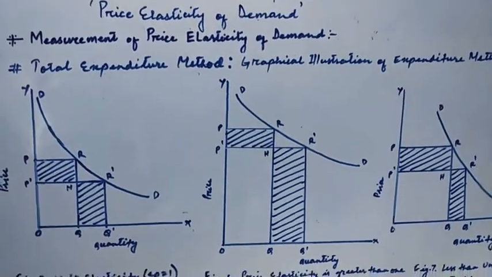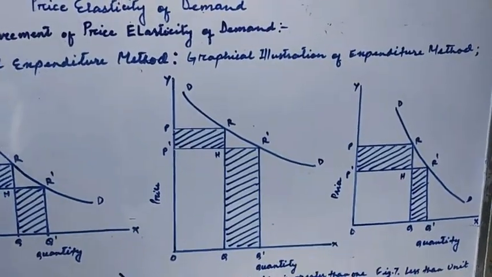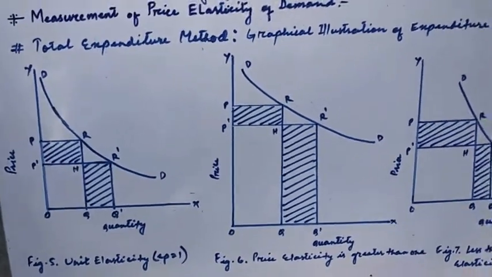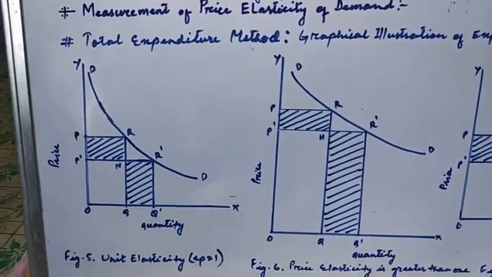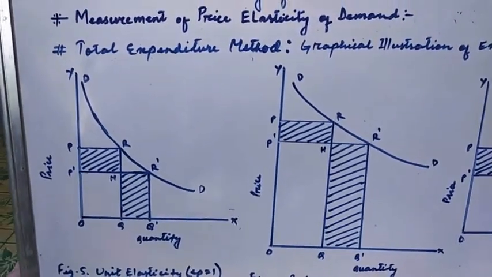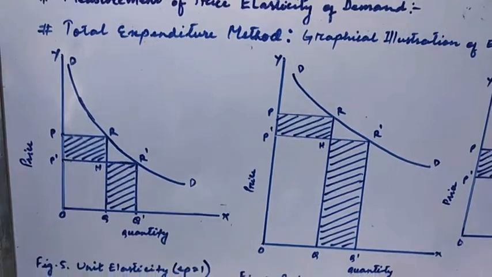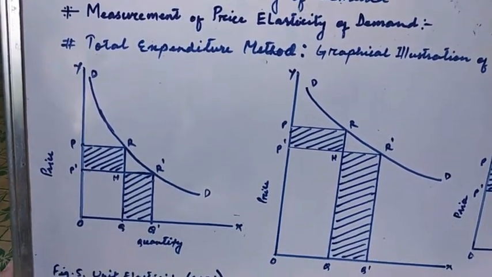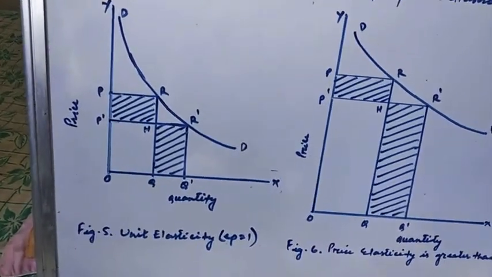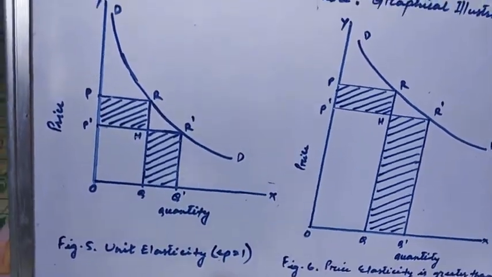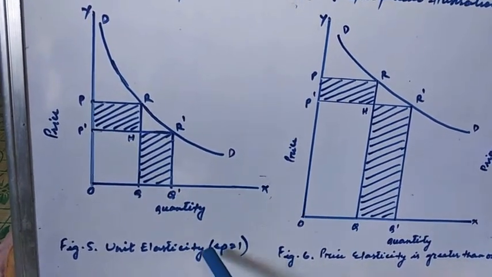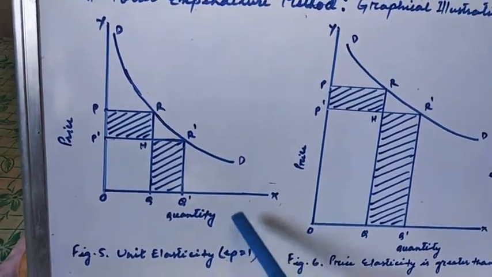So this is the graphical illustration of the expenditure method, considering all three conditions. The relationship between price elasticity of demand and the total outlay can be graphically represented as follows. Let us look at Figure 5, which is a graphical illustration of unit elasticity where price elasticity equals 1.